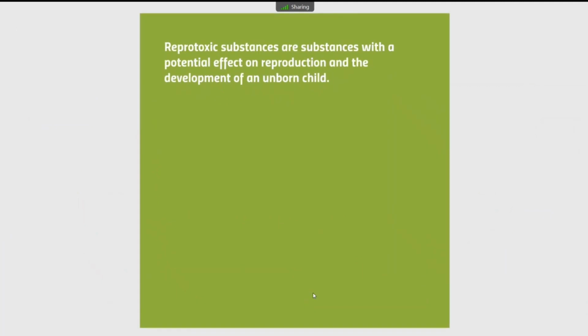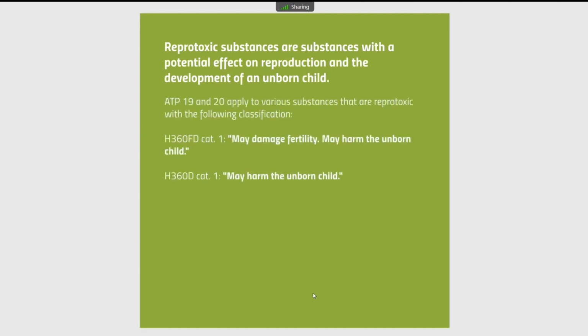Reprotoxic substances are substances with a potential effect on the reproduction and the development of an unborn child. ATP 19 and 20, like I just said, are applicable to these types of substances that are indeed reprotoxic.